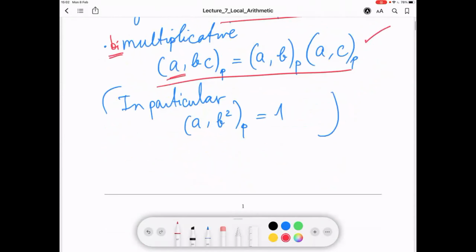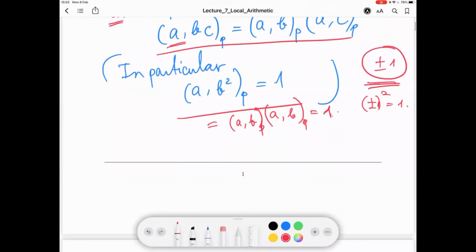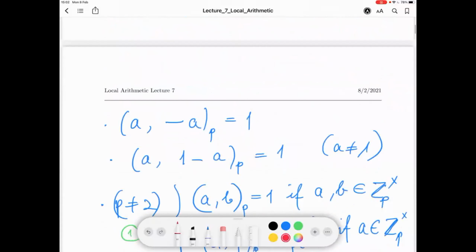In particular, because it takes values in plus minus 1, (A, B)_P squared, which is going to be (A, B)_P times (A, B)_P, is equal to 1, because the square of anything is equal to 1. Right? So these are the basic properties of the Hilbert symbol.